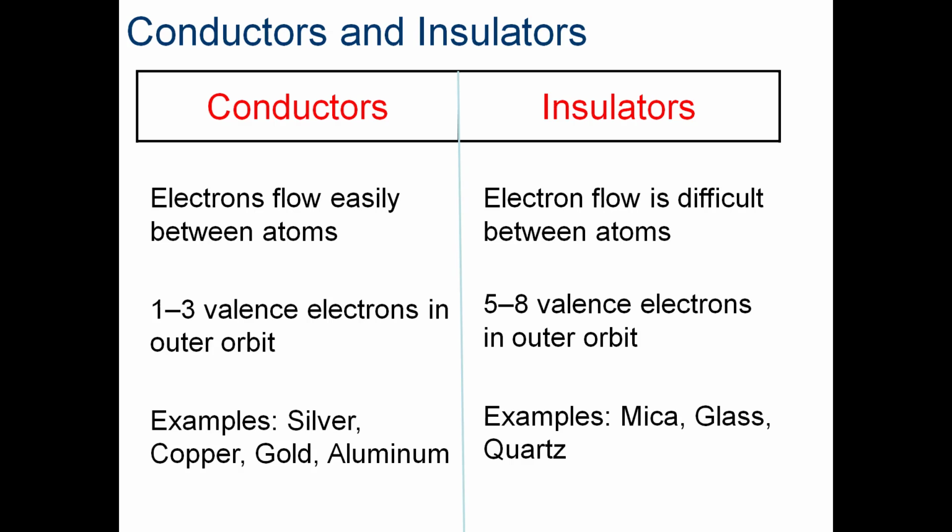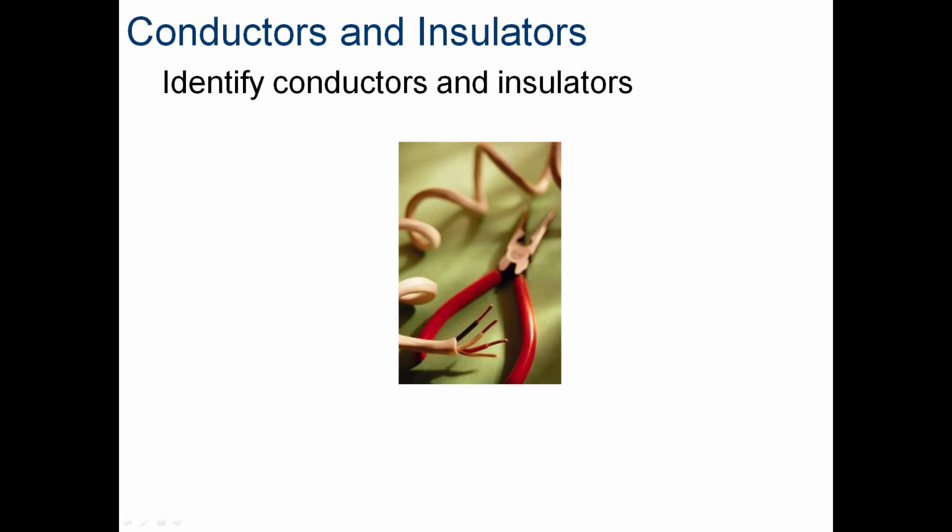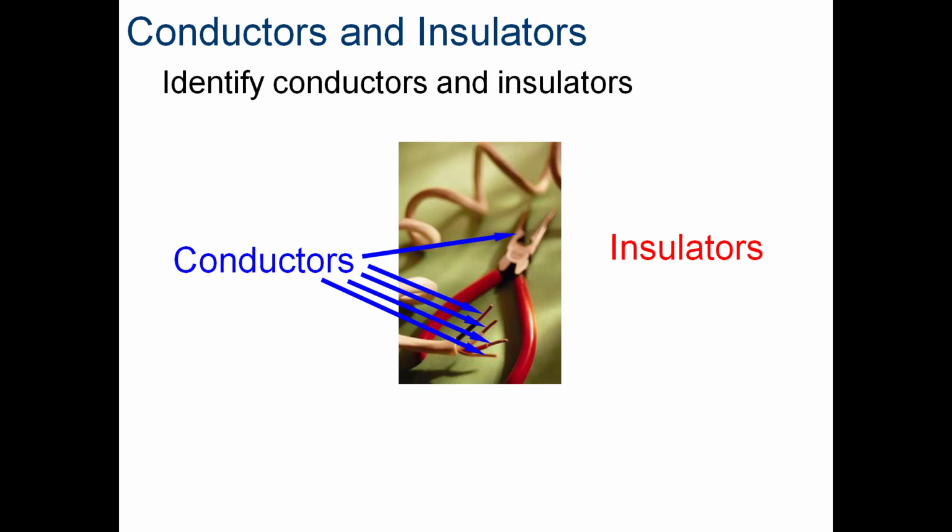Now, if we were to go into the periodic table, we'd see these share properties by row and column. Looking at this picture, you'll see that there are conductors. Those are the metallic things. Most metals conduct. And the insulators, the plastic.